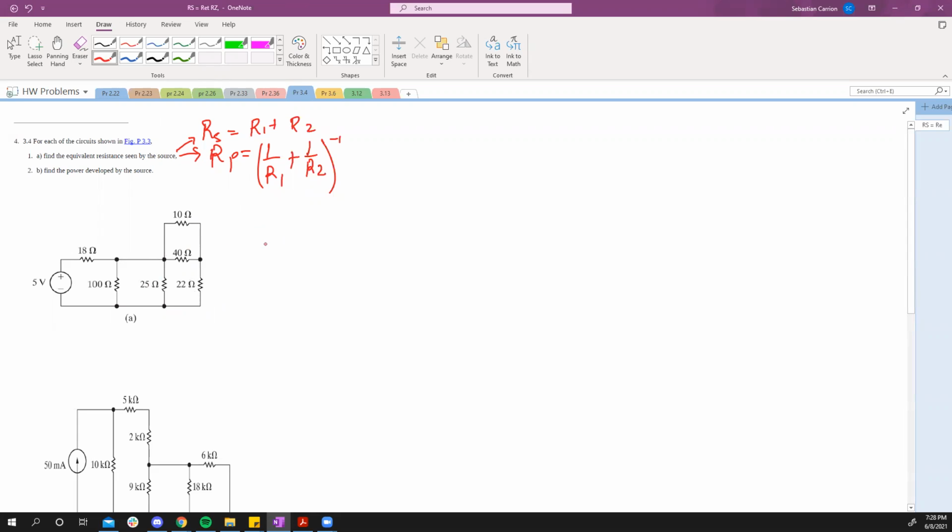If two resistors are in parallel, it's because both ends of the resistors are the same, so they share both nodes. So this end for the 10 ohm and the 40 ohm is shared, and also this node, right?